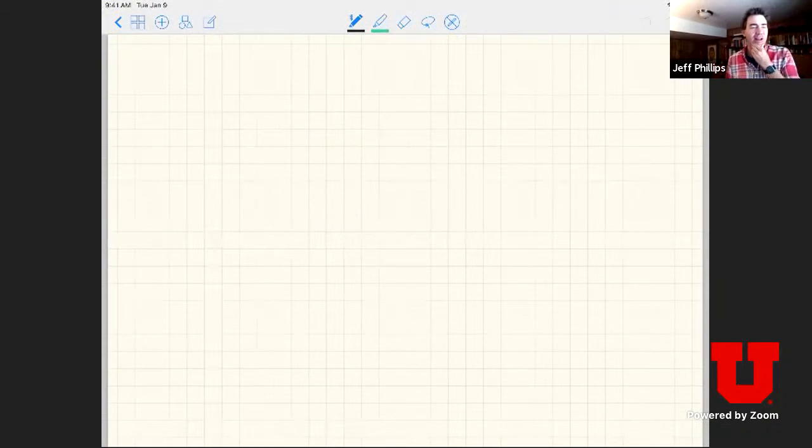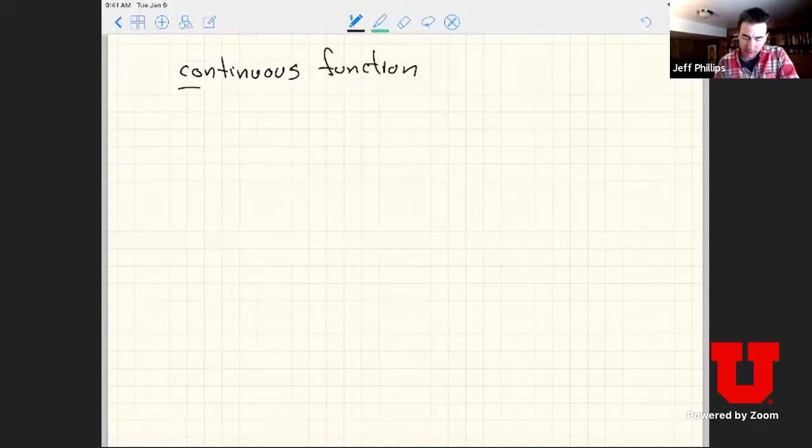Okay, so I'm going to try and loosely define a continuous function. We're going to talk about differentiable functions later, and continuous is a weaker notion than differentiable.